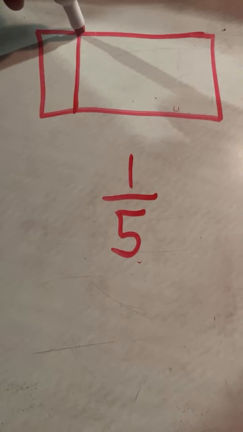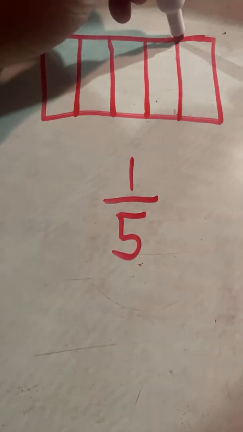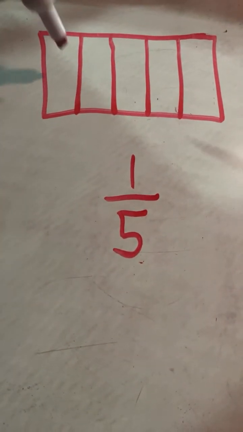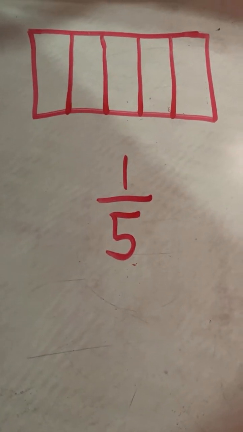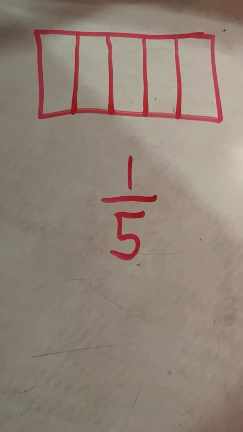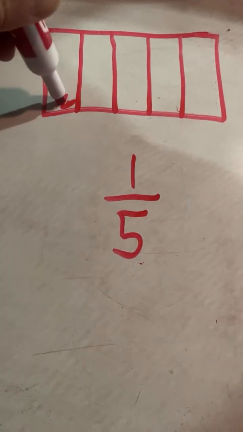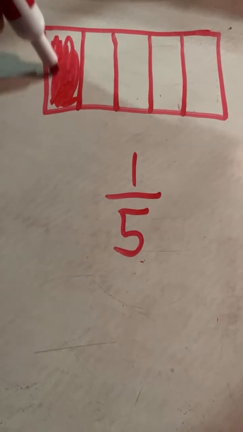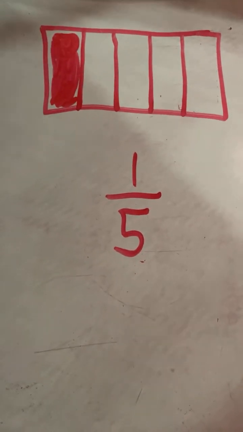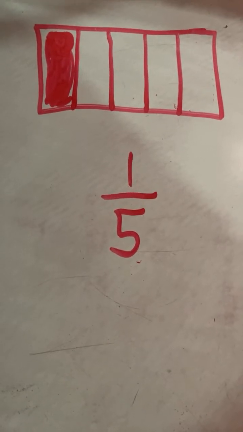So I have 5 equal parts I got to make. 1, 2, 3, 4, 5. So I have 1, 2, 3, 4, 5 equal parts, and one of those parts is shaded. I now have a fraction model to represent 1/5.